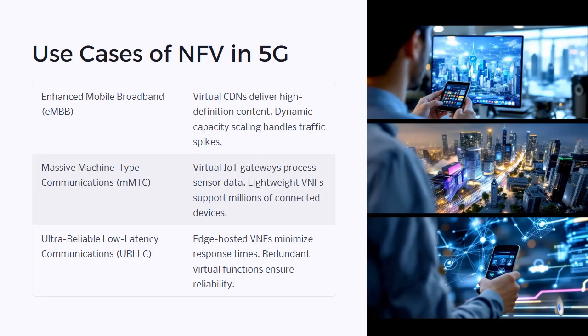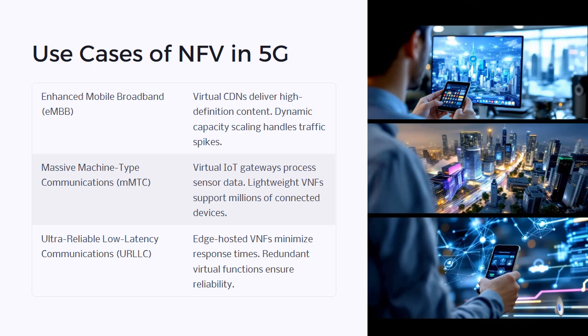NFV isn't just a theory, it's already powering many real-world 5G applications. Enhanced mobile broadband, eMBB: virtualized content delivery networks, CDNs, help deliver high-definition video streaming and support traffic spikes dynamically. Massive Machine-Type Communications, mMTC: NFV enables lightweight virtual IoT gateways that can handle millions of connected devices, critical for smart cities and industrial IoT.